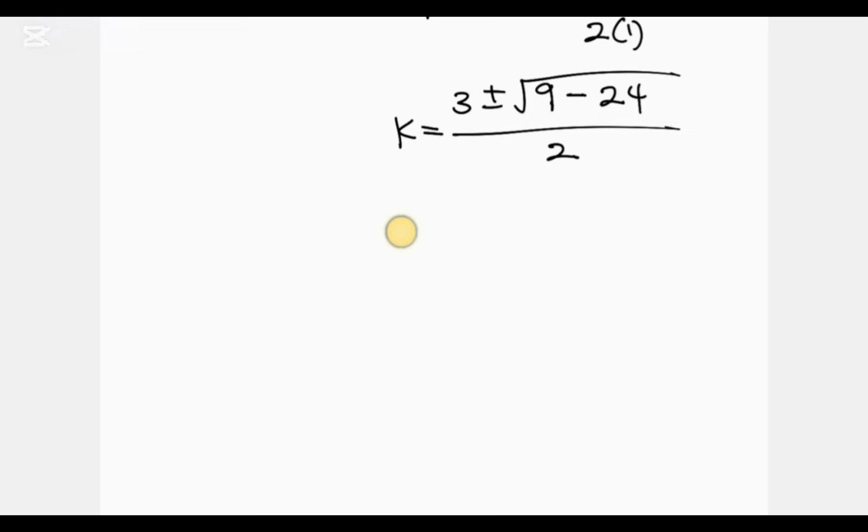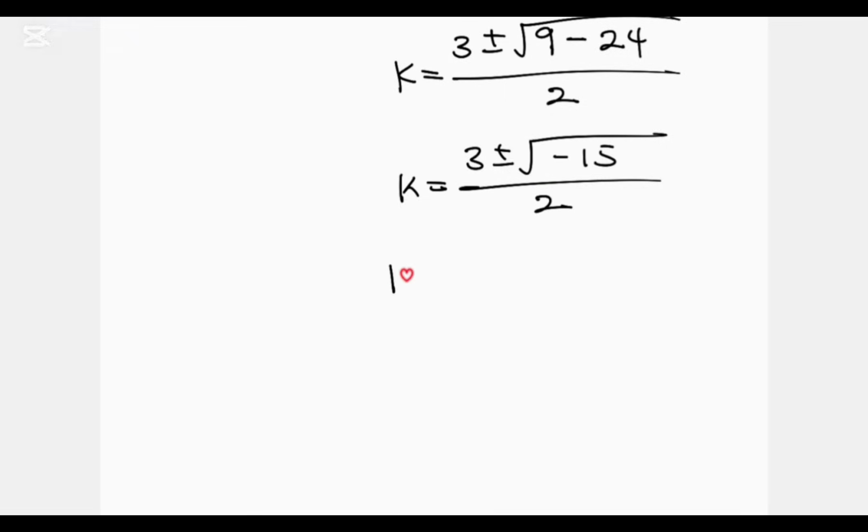Now simplifying further, we have the value of k to be 3 plus or minus the square root of, now 9 minus 24 is negative 15, all over 2, which is the denominator. Now as we simplify further, we have 3 plus or minus the square root of, now we can write negative 15 in another form as negative 1 times 15, all over 2.